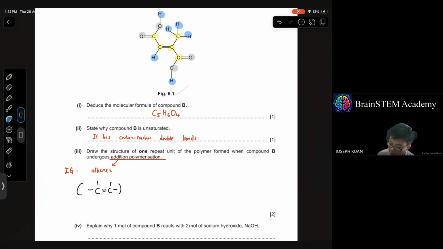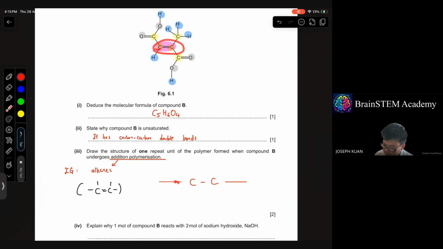That means this part will open up and turn into a single bond like this. Then the rest you just copy and paste, honestly.